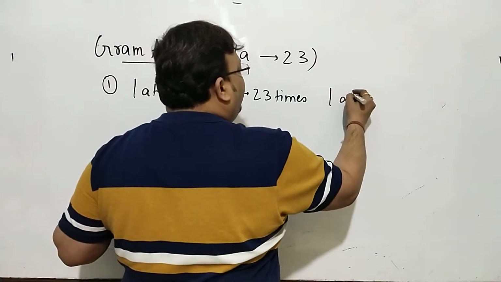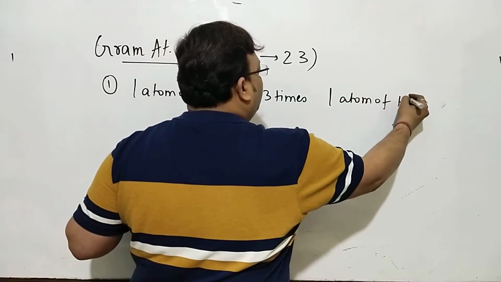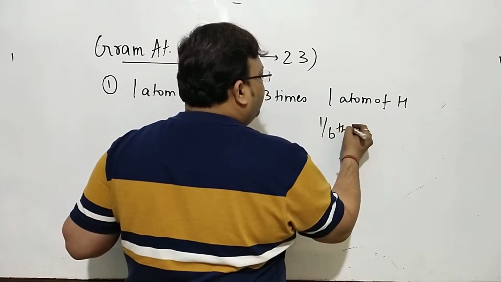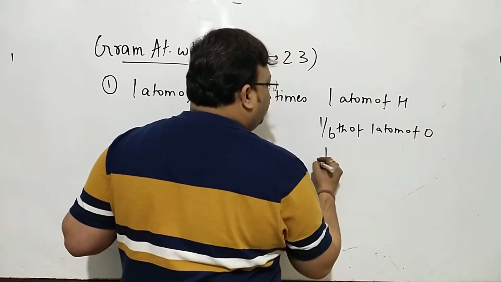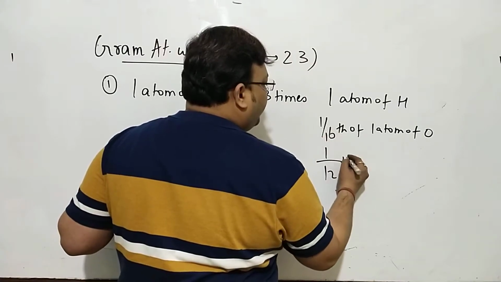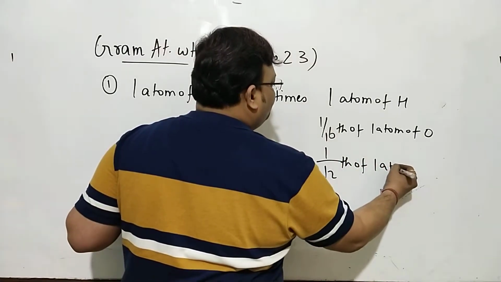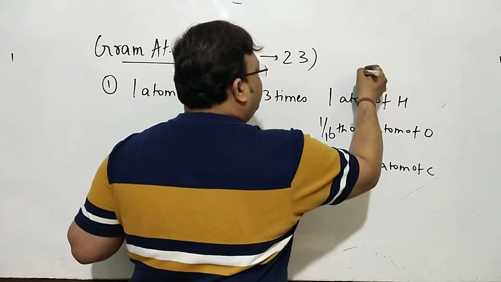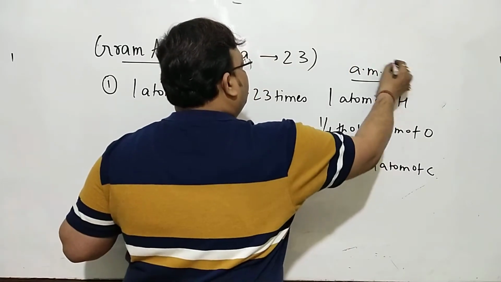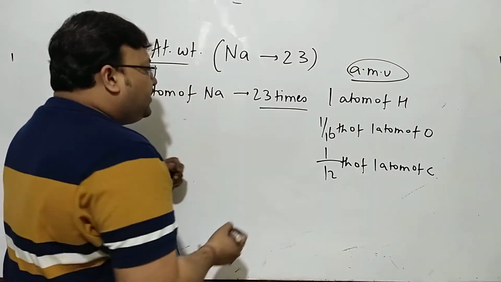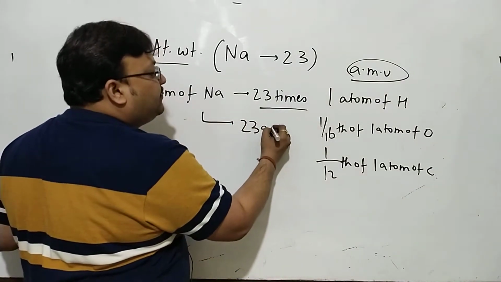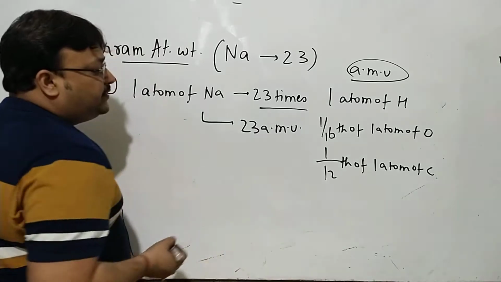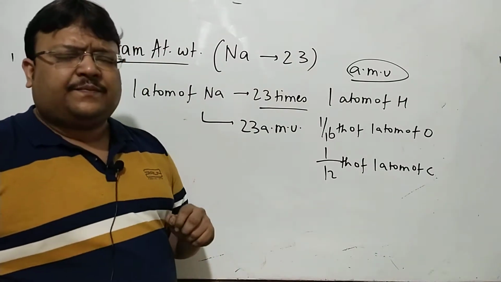The weight of one atom of hydrogen, or 1/16th of the weight of one atom of oxygen, or 1/12th of the weight of one atom of carbon. This is AMU. So it's 23 times heavier than this or this or this. So you can say it's 23 AMU, which is the reference.